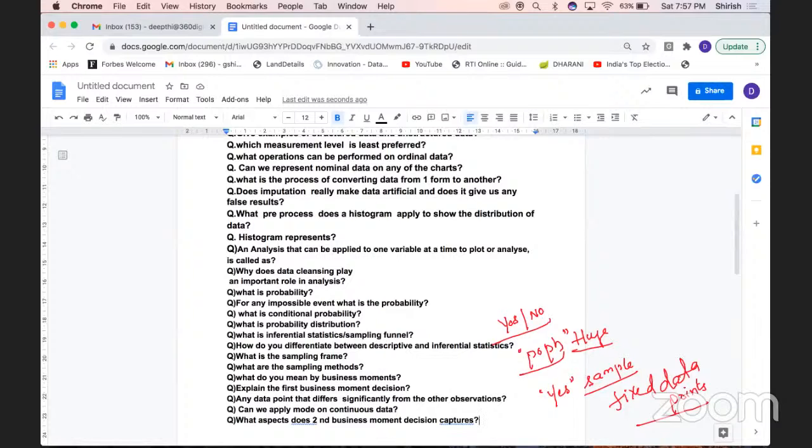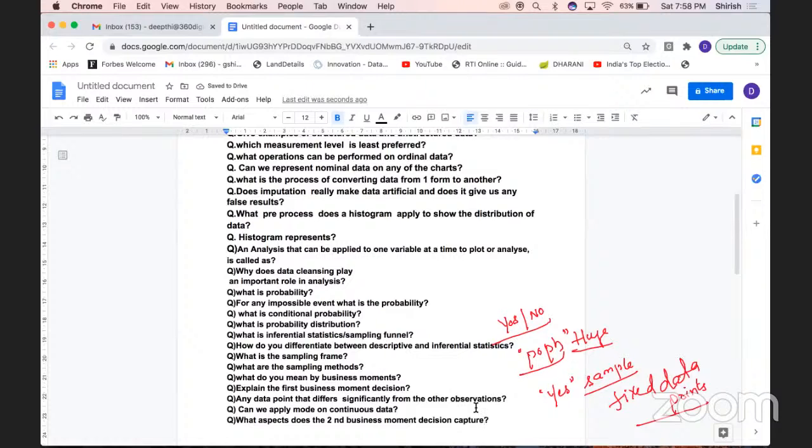Measure of dispersion, spread of the data. Okay. What does it actually capture? Standard deviation, you are telling the components. Standard deviation and variance, exactly.